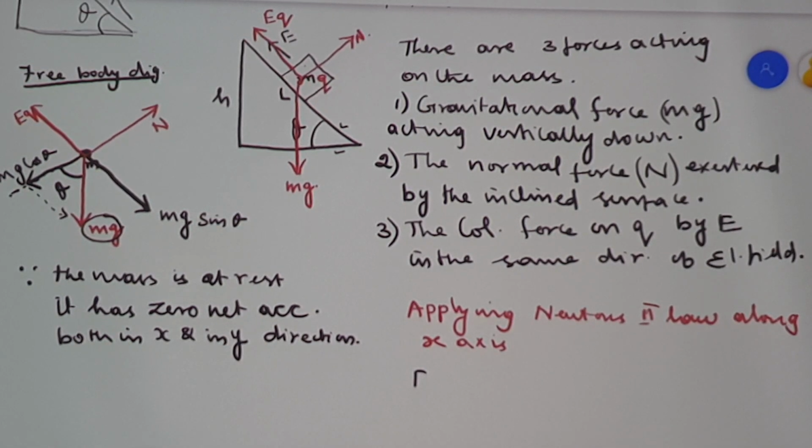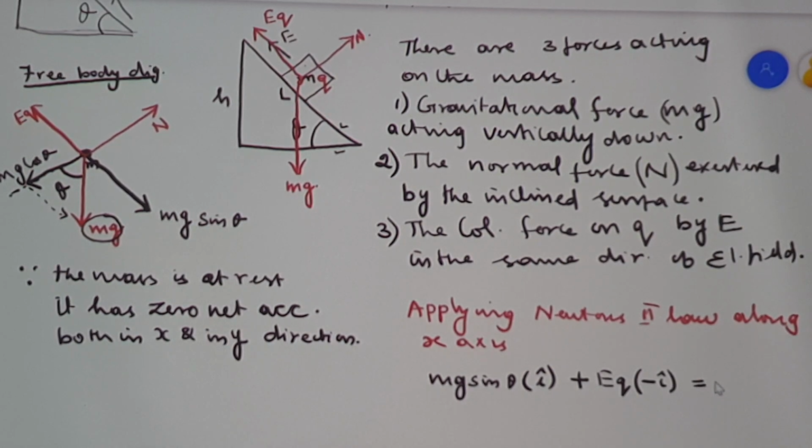See, when you are considering the positive x-axis, we are having mg sine theta. Since it is along the positive x-axis, I am taking it as i cap. Along the negative x-axis you will be having EQ, so I can say this is plus and this I can write as minus i.